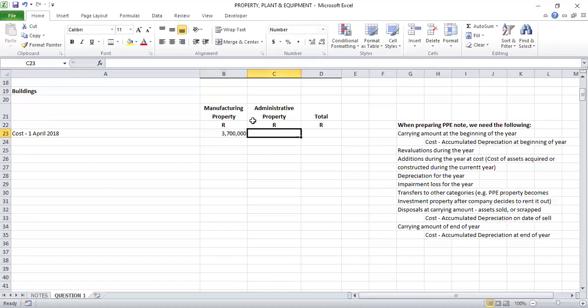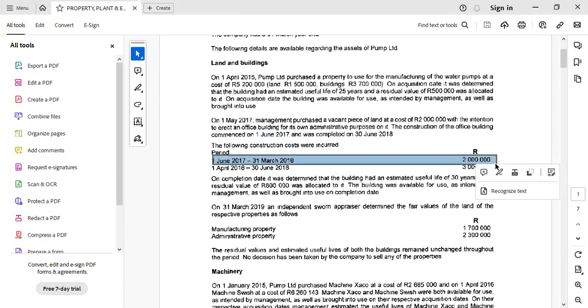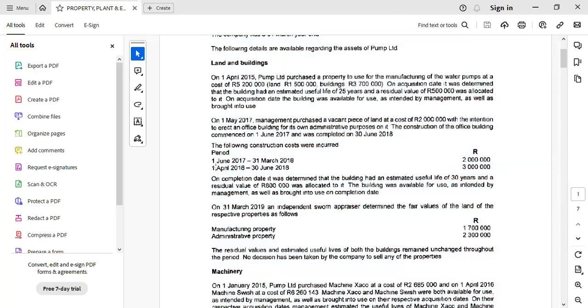The admin property construction started 1 June 2017, before this year. Remember, our beginning of year is 1 April 2018. From 1 June 2017, that is before this year, to 31 March 2018, only 2 million of the costs had been incurred. Remember, our year started on 1 April. So the other 3 million that is down here was only incurred during the current year.